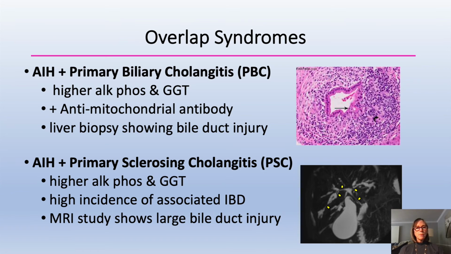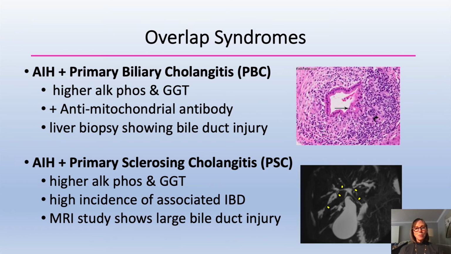The other overlap syndrome is autoimmune hepatitis with primary sclerosing cholangitis. Similar to PBC, PSC often presents with itching, much higher alkaline phosphatase and GGT. In this overlap syndrome, there is a very high incidence, almost up to 70-80%, of associated inflammatory bowel disease in those patients.